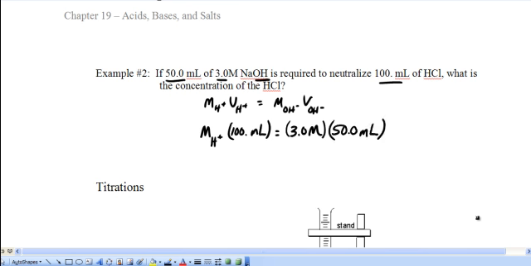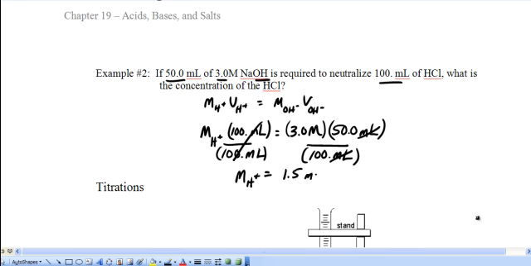And so now we just need to solve for MH by dividing the 100 milliliters over to the other side. The milliliter unit divides out. You're left with molar. And therefore MH+ will equal 3 times 50 divided by 100, which is 1.5 molar, or moles per liter of hydrogen. And once again, we're going to have to change that over to HCl.